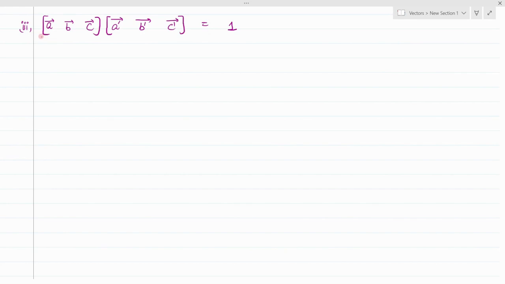So the next property tells that when you multiply the box product of the actual three vectors with the box product of the reciprocals of these three vectors, the output you will get is 1.